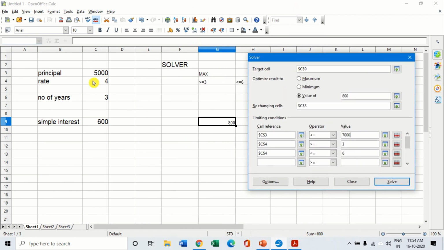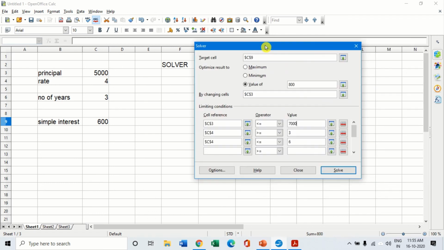Here my target cell is my simple interest. The value I want is 800 rupees, by changing the principal cell. So the goal is to get 800 rupees by changing the principal.